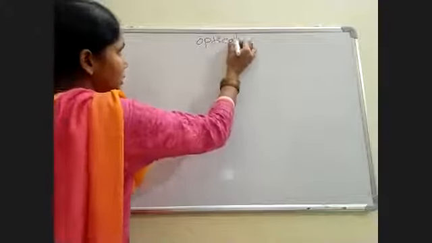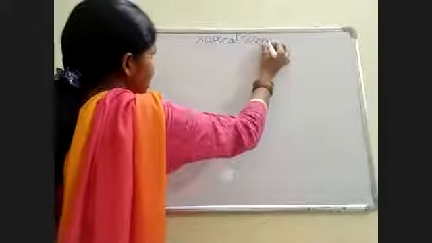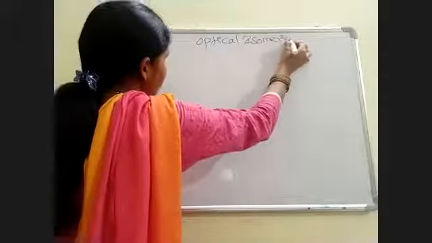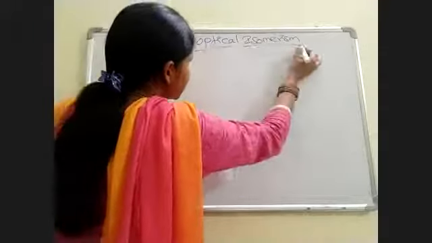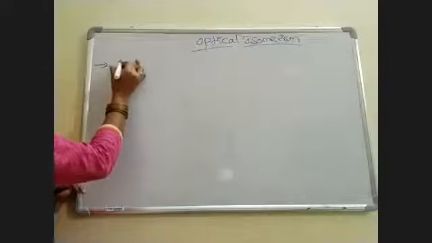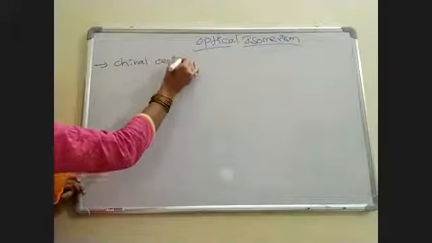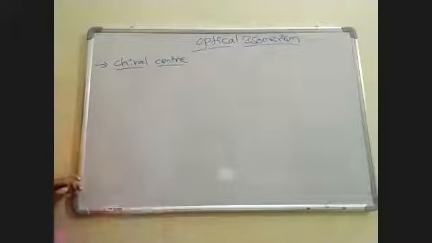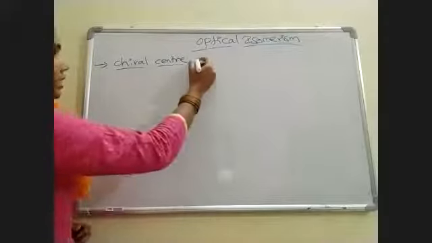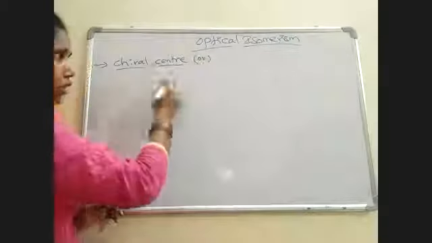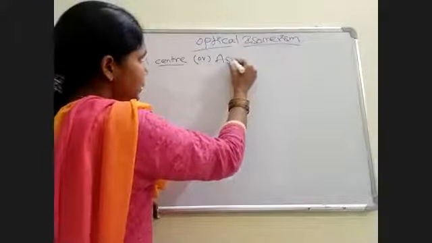Optical isomerism. Before going to learn this optical isomerism, you have to learn some key terminology, that is chiral center. Chiral center, or this can also be called as an asymmetric center.